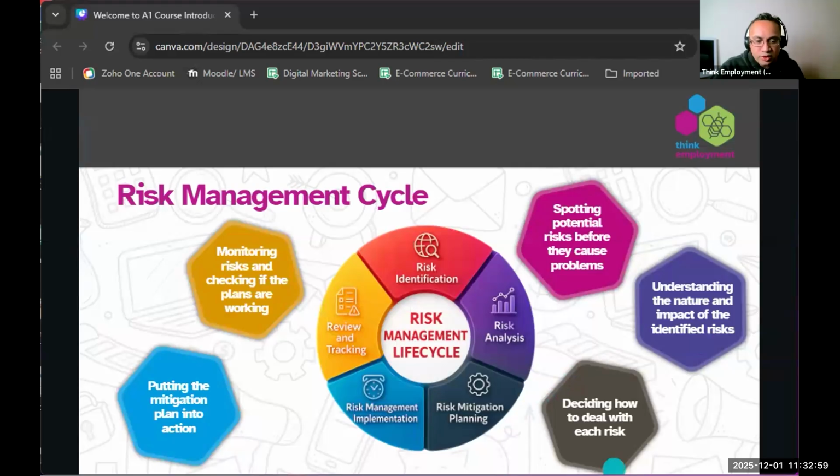But we won't focus too much on this at the moment. For this session, just understand that there's a risk management life cycle. You identify the risk, you analyze the risk, you plan for the risk, you implement certain actions to reduce the risk, and you review the risk, whether it's ongoing or has been solved.